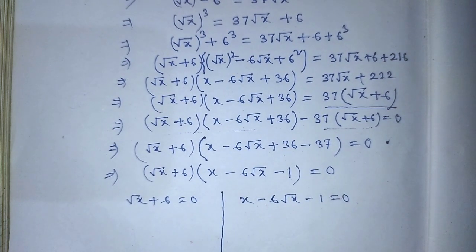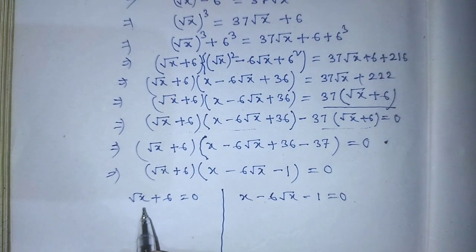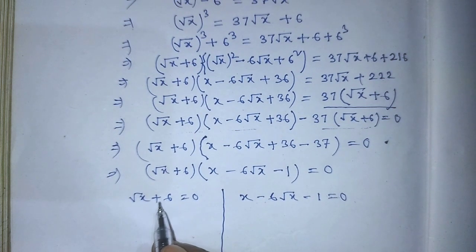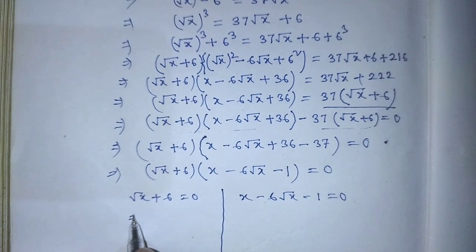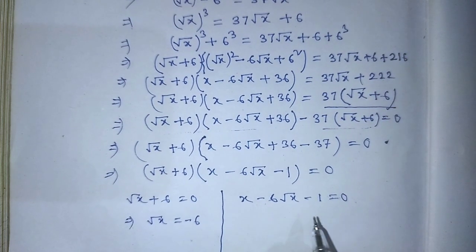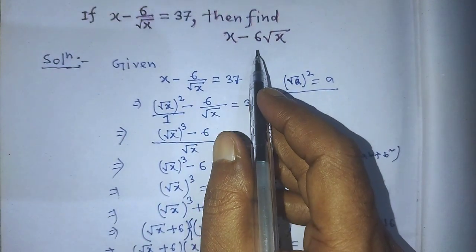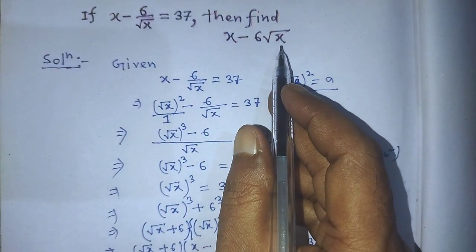So student, now we are to find the value of root x from this equation, so we have to transfer 6 from left hand side to right hand side. So we can write in here root x is equal to minus 6. Okay student, and from this equation, we have to find the value of x minus 6 into root x.